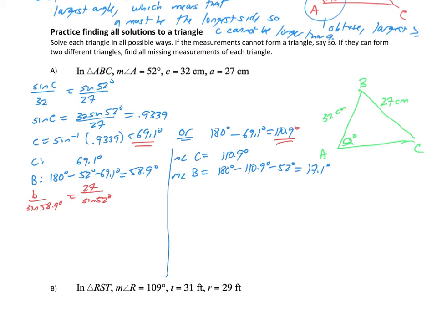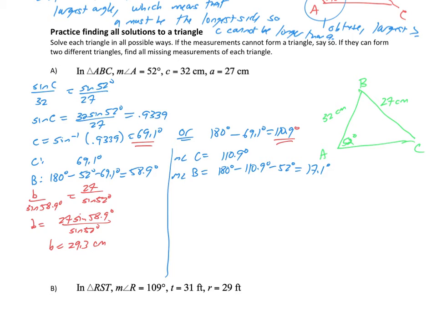I don't want to use a rounded value. Multiplying both sides by sine 58.9, we get b is equal to 27 sine 58.9 degrees over sine of 52 degrees. And if you enter that in your calculator, you get 29.3 centimeters.